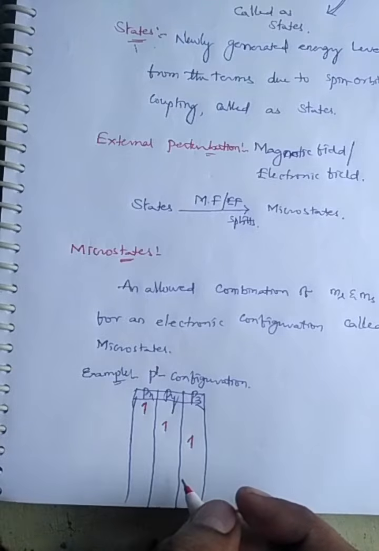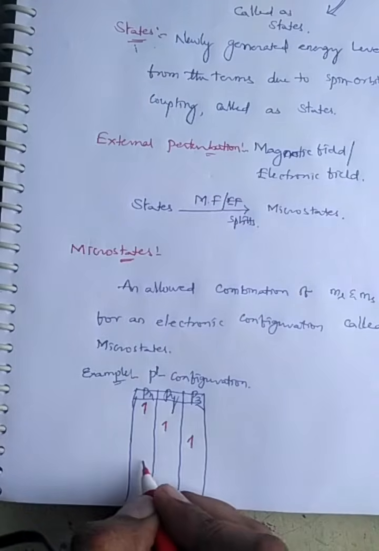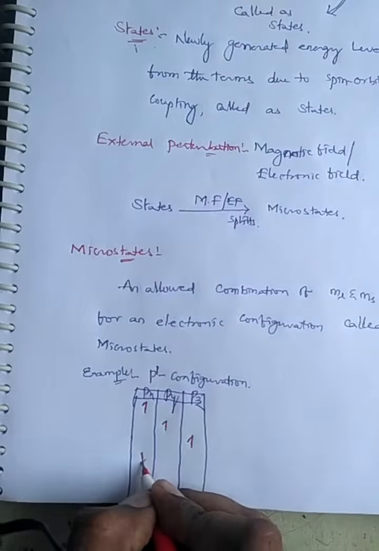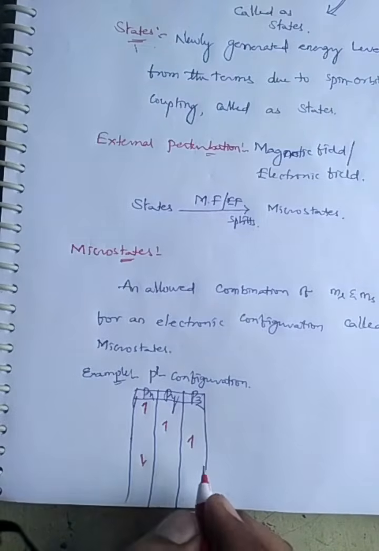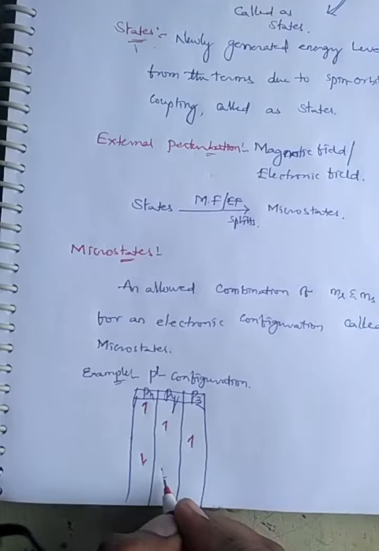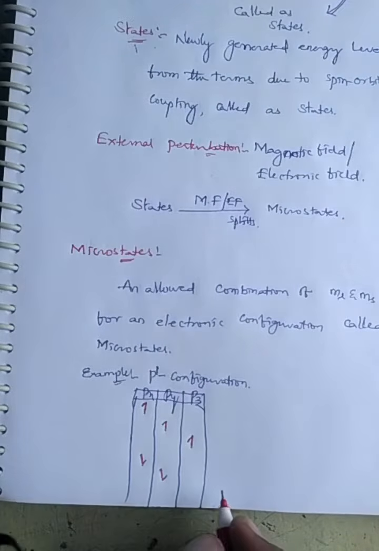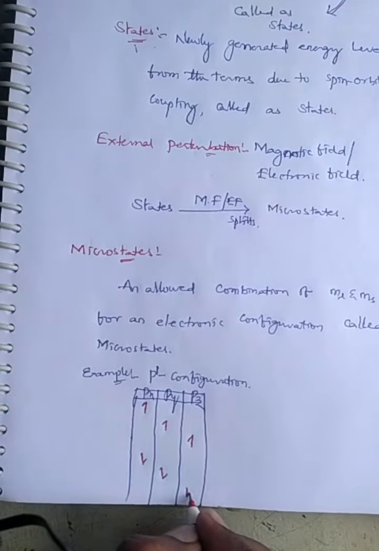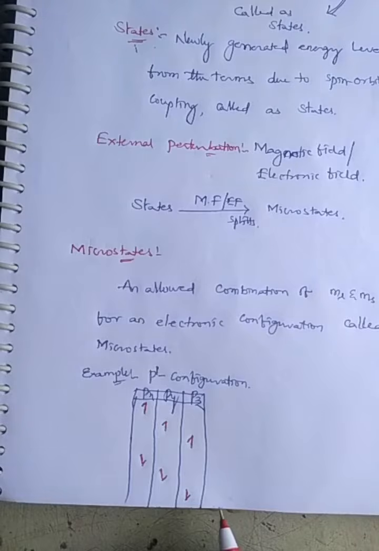These three arrangements are possible, and also possible are anti-clockwise arrangements in the px orbital, in the py orbital, and in the pz orbital, right?